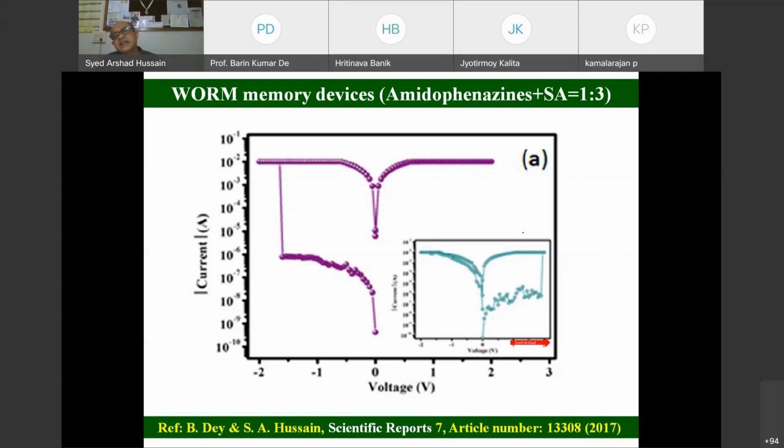So once biasing is there, charge or electron is trapped within the trap permanently. So even when biasing is stopped, it can still hold its low energy state. So next time when you apply the bias, we can see that already the system is in low resistance state. So it works as a permanent memory kind of thing.